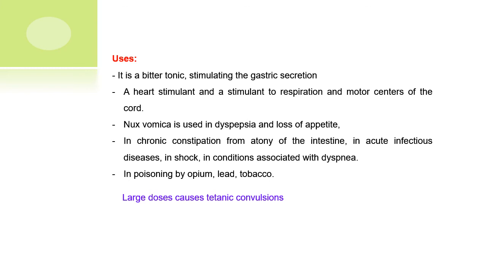Nux vomica is also used in dyspnea and appetite loss, in chronic constipation due to atony of the intestine, in acute infectious disease, in shock after surgical operation, and in conditions associated with dyspnea. It is also used as an antidote for poisoning by opium, lead, tobacco, or barbiturates.